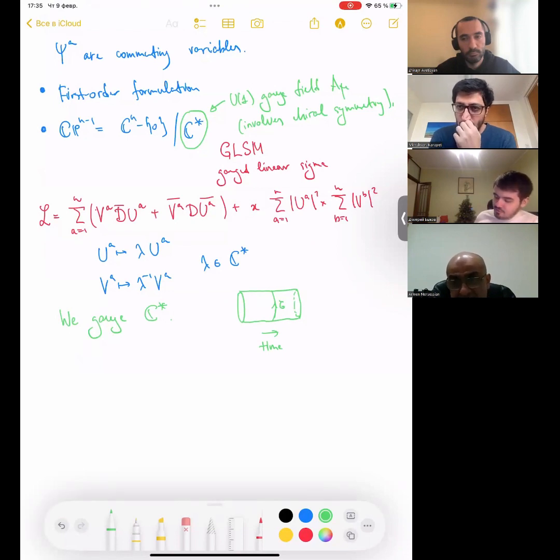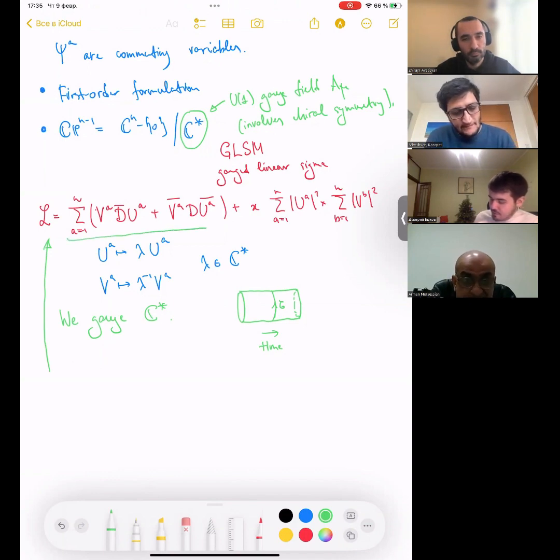Yes. Well, it's better not to think of it as a Legendre transformation. Let's just look at this Lagrangian. So on a worldsheet of non-trivial topology, as you say, you see this V and U. This part is what is called a beta gamma system.